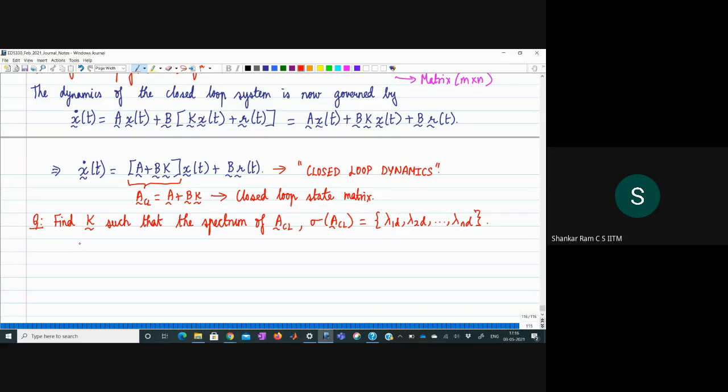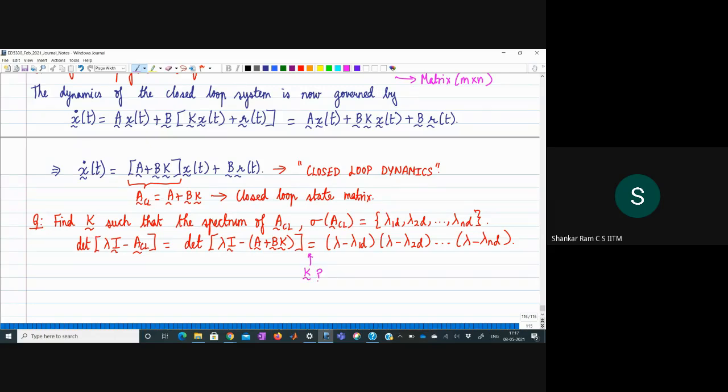What do we mean by this? To make things more clear, if we calculate the determinant of lambda I minus A_CL, which is the determinant of lambda I minus (A plus BK), the closed loop, it is going to be equal to lambda minus lambda 1 desired, lambda minus lambda 2 desired, and so on. So the question is, can we find K such that this is true?